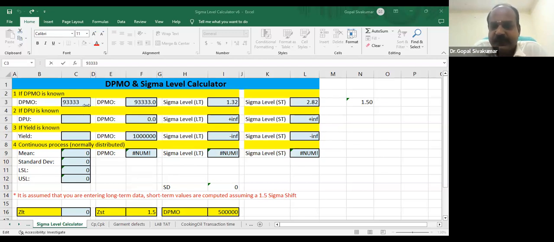If it has sampling error or measurement error, the data is not worthy for any analysis. So you need to overcome all of this while working on a Six Sigma project, because a Six Sigma project is mostly data driven. It relies heavily on data. So data should be credible and worthy.